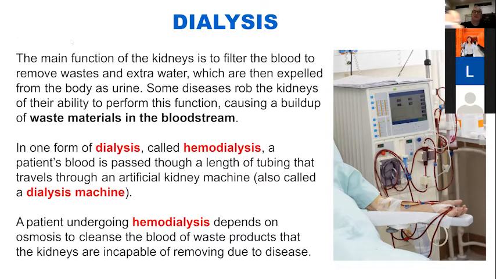So here we have a dialysis machine, and what's inside of it is a series of membranes, not quite exactly like what your kidney would have, but would do basically the same thing.